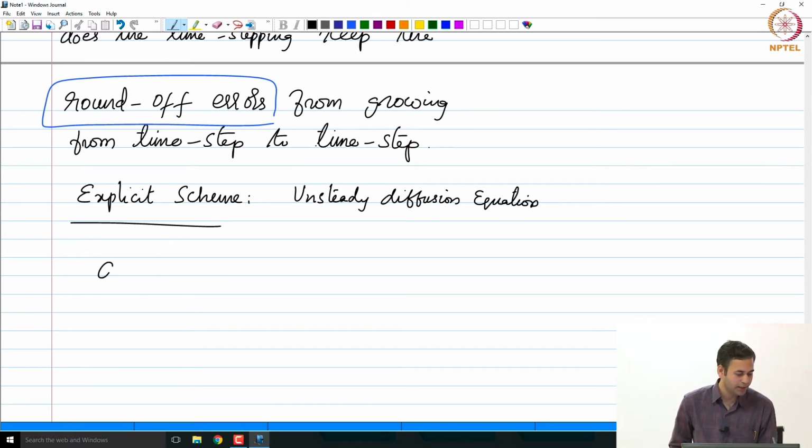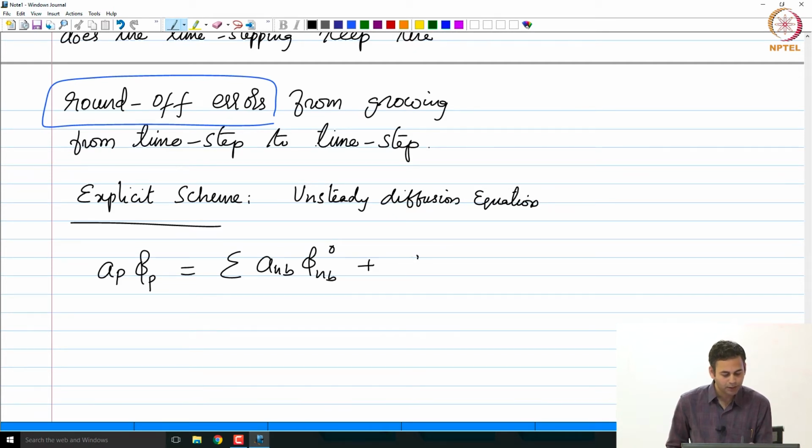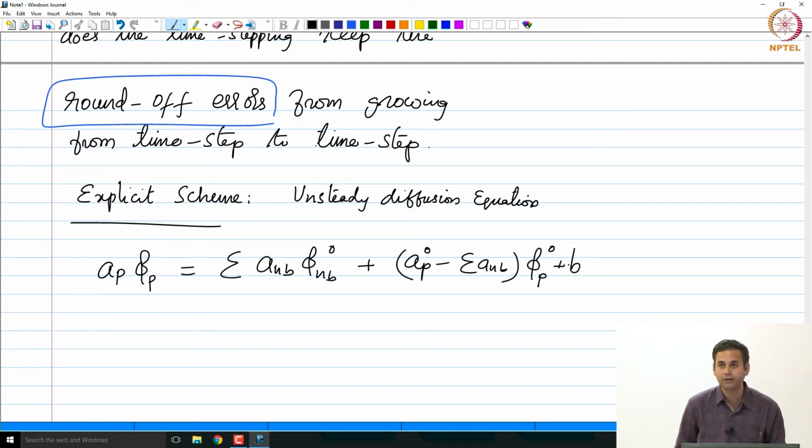That is A p phi p equals sigma A and B phi and B 0 plus A p 0 minus sigma A and B times phi p 0 plus some B. Phi p without any superscripts indicates the current time level values at time level 1, or t plus delta t, and phi p 0 or phi and B 0 all indicate values at time level t.